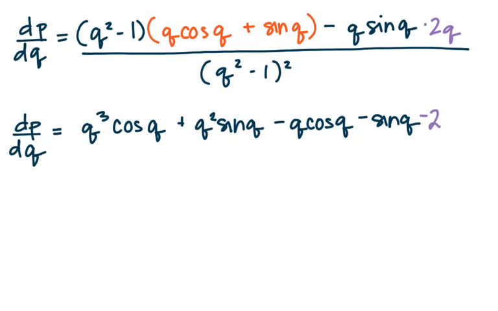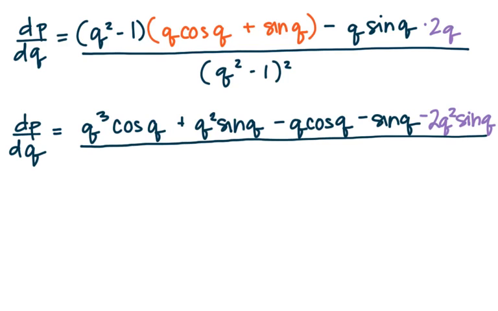So I have minus 2Q squared sine Q. Again, all over that same denominator, Q squared minus 1 quantity squared.